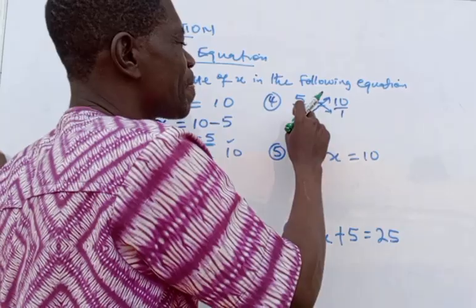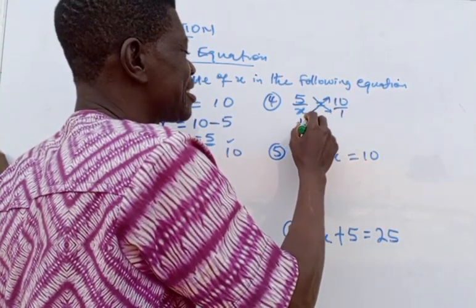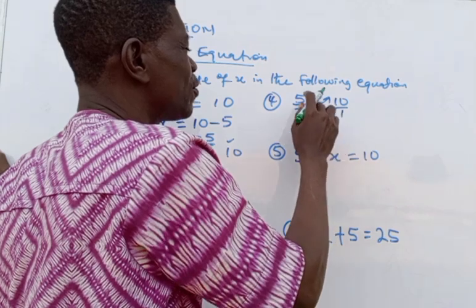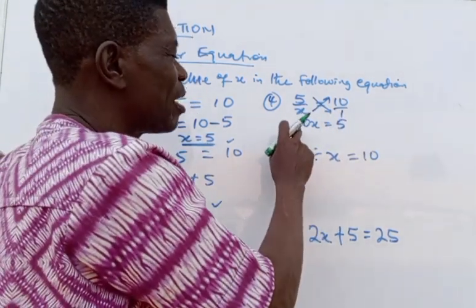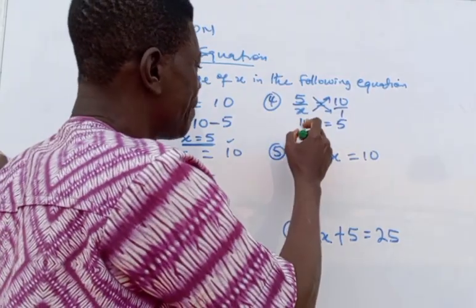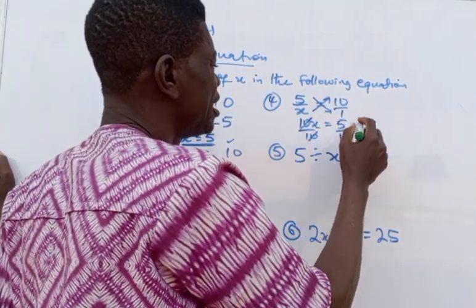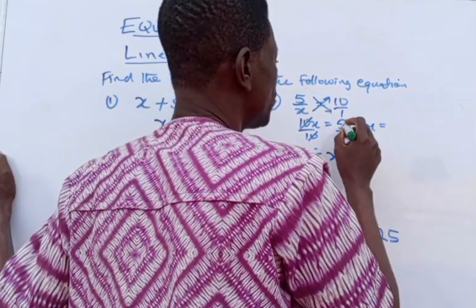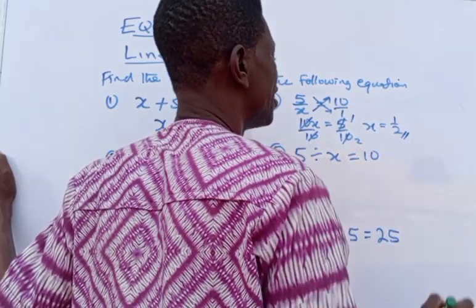So it becomes 5 times 1, or x times 10, that is 10x is equal to 5 times 1, which is 5. You don't want 10, so you divide both sides by 10, like I did there. This 10 will go with this. Now x is equal to 5 over 10, which is 1 over 2. That's the value of x.